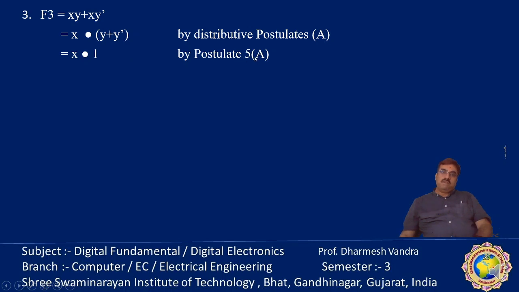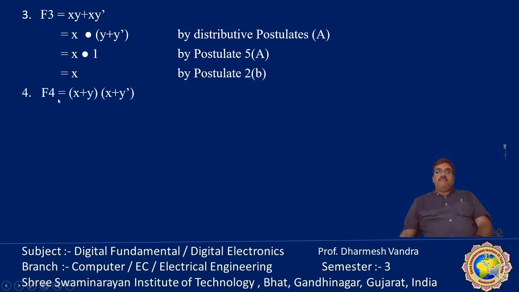As per postulate 5a, the complement variable ORing with the variable, the result is always 1. And x AND 1, as we know, will become x as per postulate 2b. So whatever the result, x is the implemented f3; we are just reducing the literals.